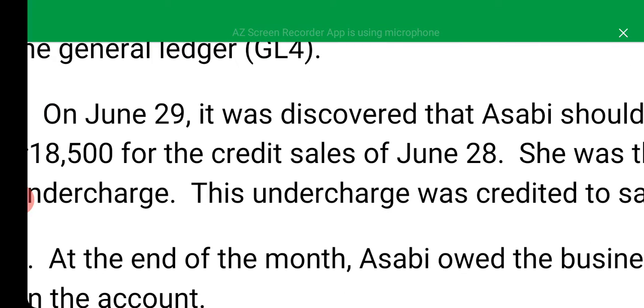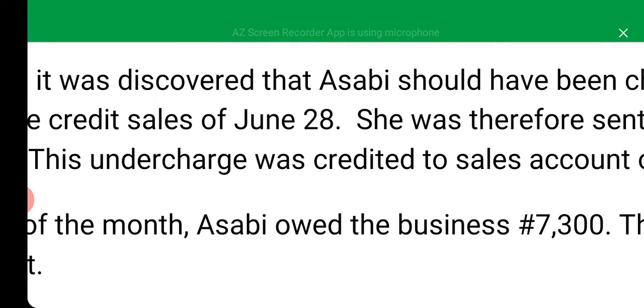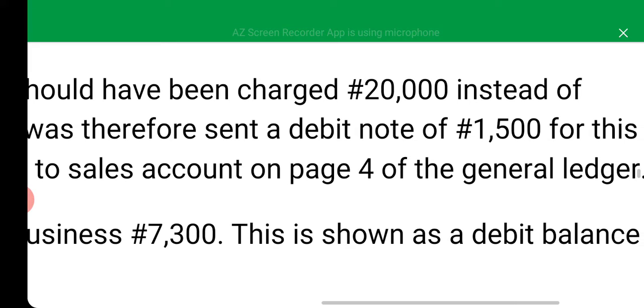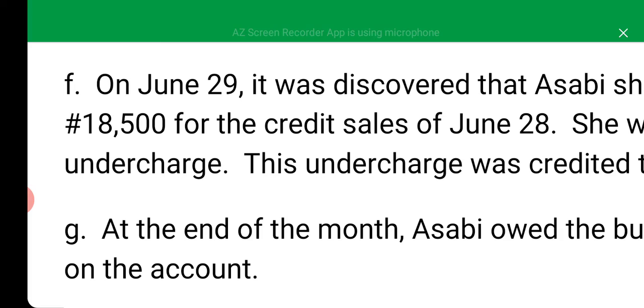On June 29, it was discovered that Asabi should have been charged 20,000 naira instead of 18,500 for the credit sales of June 28.